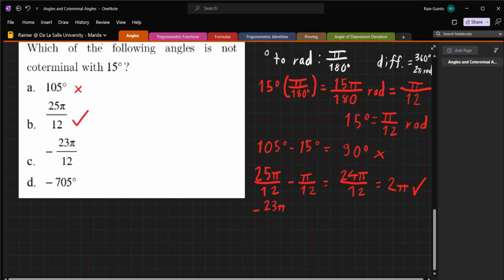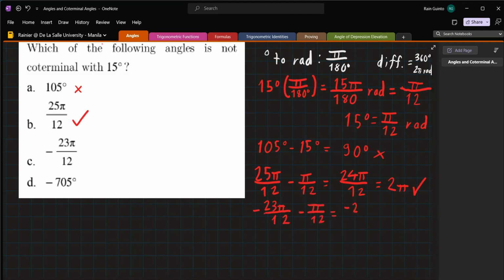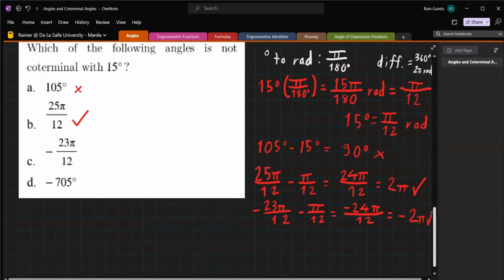Negative 23 pi over 12 minus pi over 12 equals negative 24 pi over 12, which can be simplified into negative 2 pi, which is also good because it's a multiple of 2 pi.